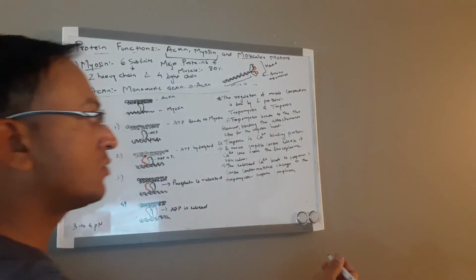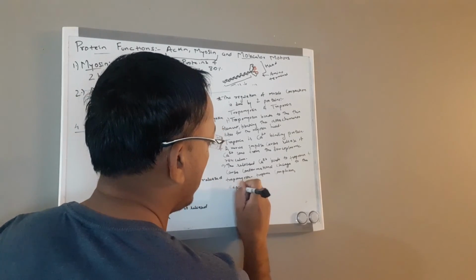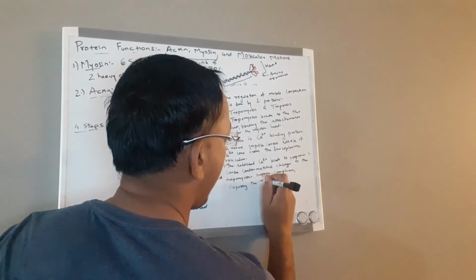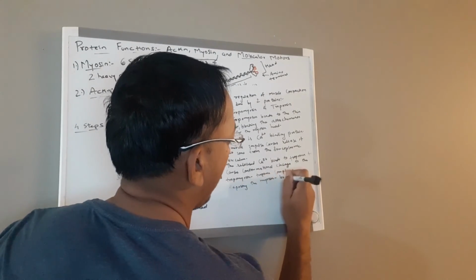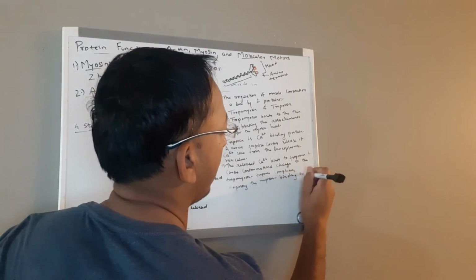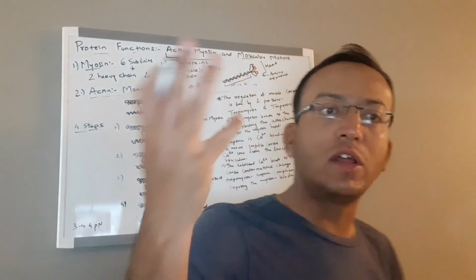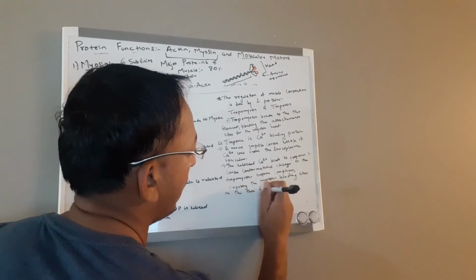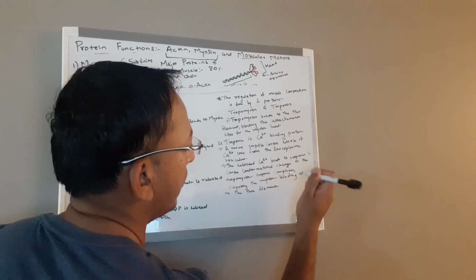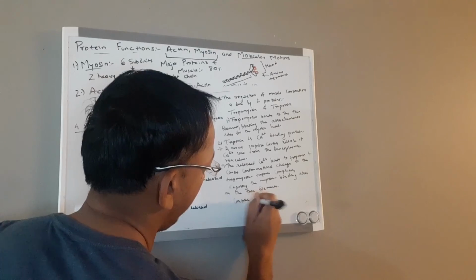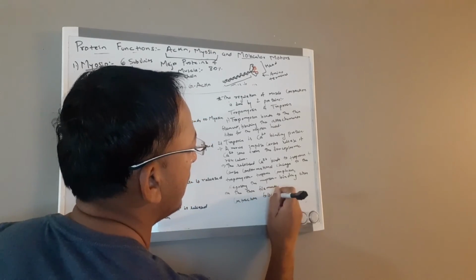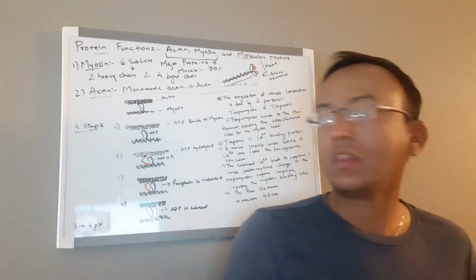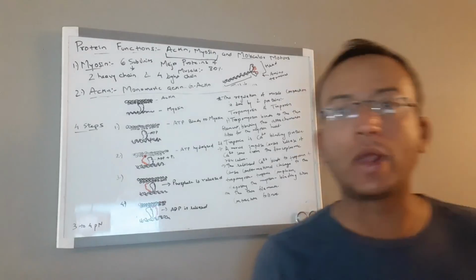And due to this, the myosin binding sites on the thin filaments are exposed. And the contraction follows. After that, the contraction is done. This is how the muscle contraction is regulated.